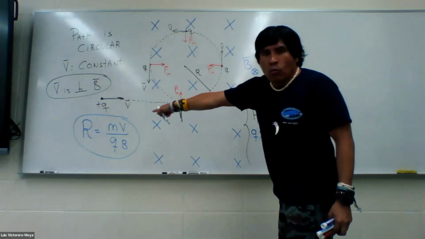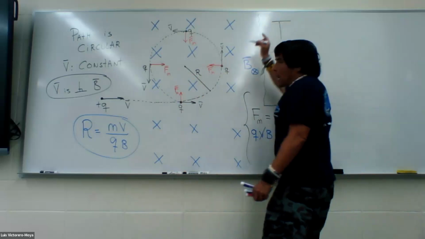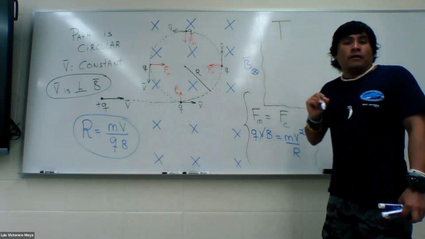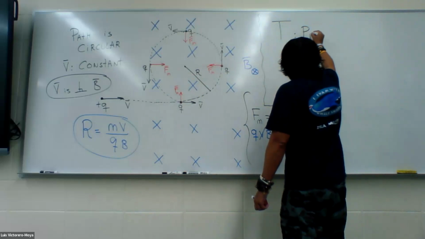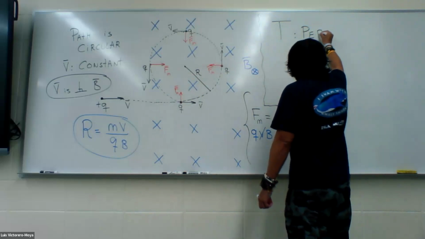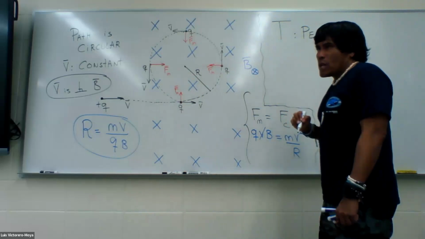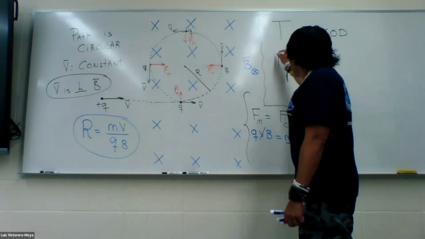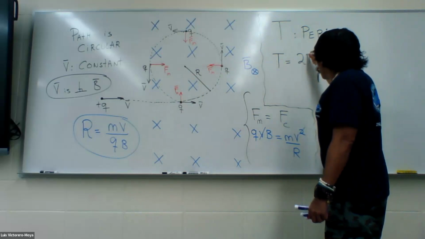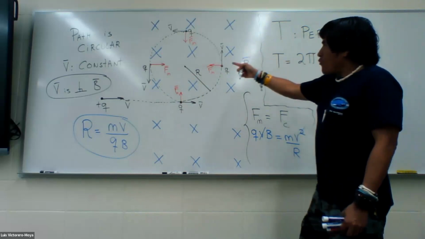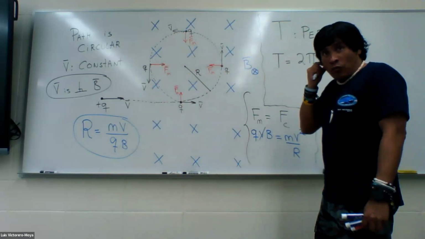So I have the equation for radius there. We define capital T as period, in seconds. So period will be 2 pi r. That's the length of one revolution. That's the equation for circumference, right?